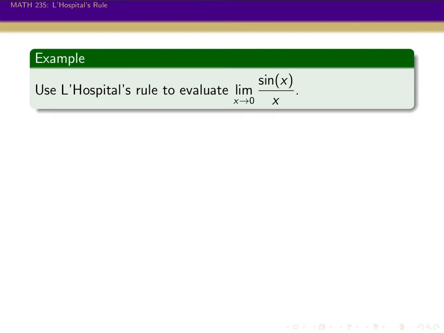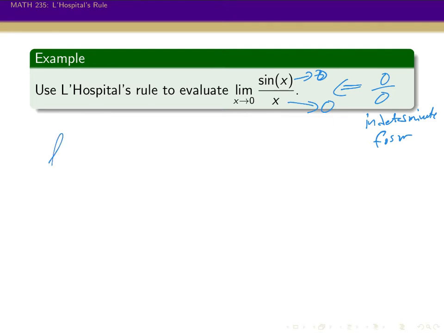First thing to note, as x goes to 0, sine of x goes to 0 and x goes to 0 as well. So this is a 0 over 0 indeterminate form, and L'Hopital's rule definitely applies to it.